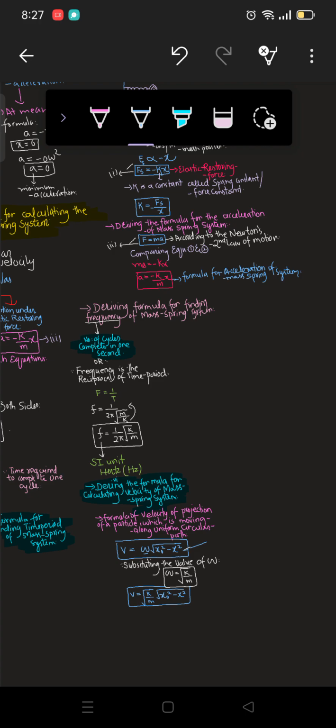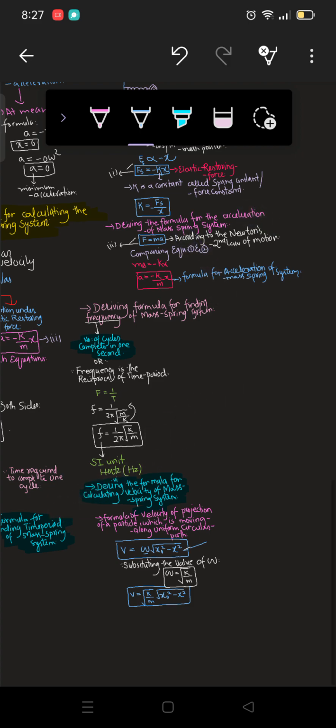So what we are going to do today is find the maximum velocity. What is the formula for finding the maximum velocity, and what is the formula for finding the minimum velocity? We are going to derive these two formulas today. We already know where we are going to have our maximum velocity and where we are going to have our minimum velocity.